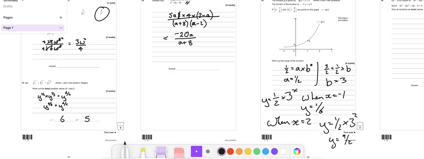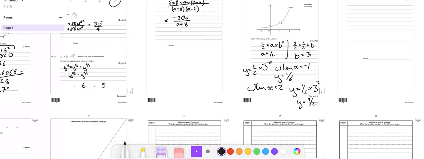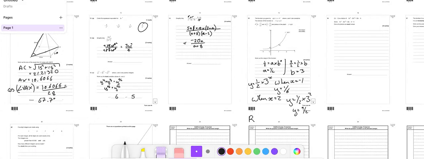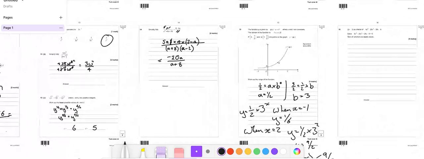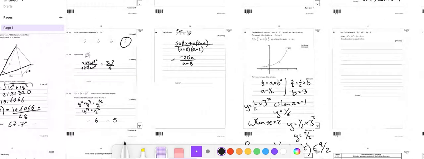So the range then is between those two. This is the function g of x. So the range is a sixth less than or equal to g of x less than or equal to 9 over 2. Because it equals at both ends.